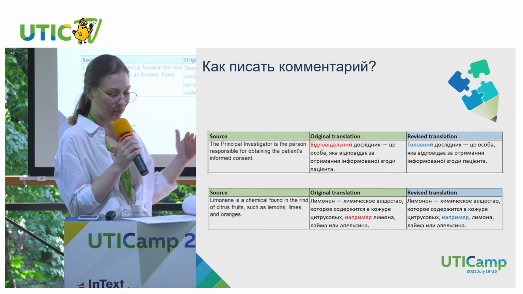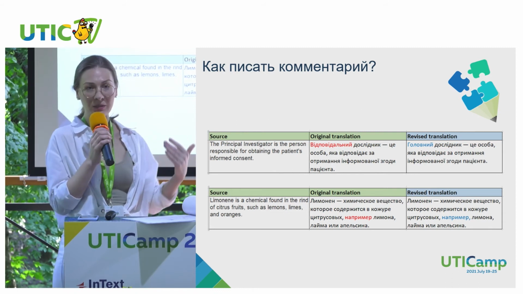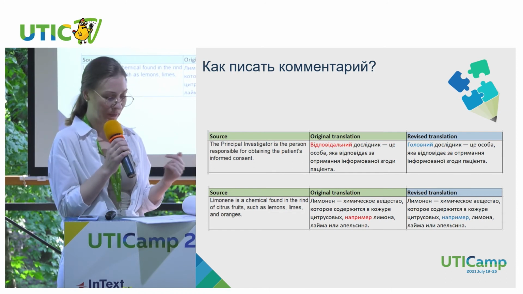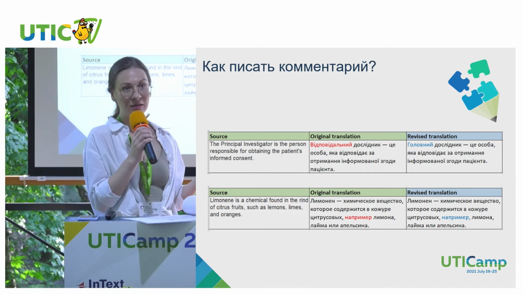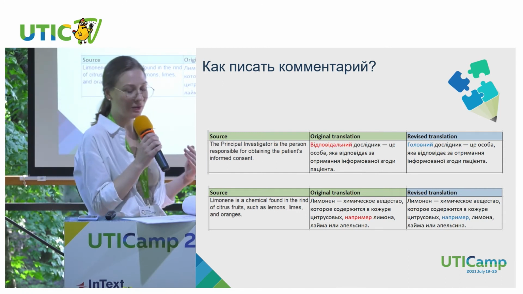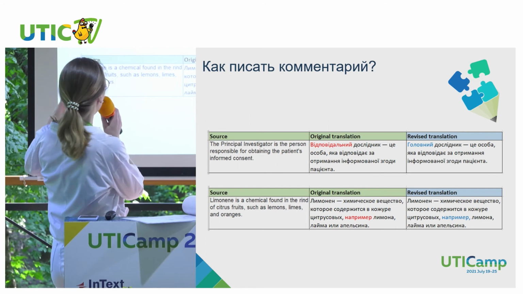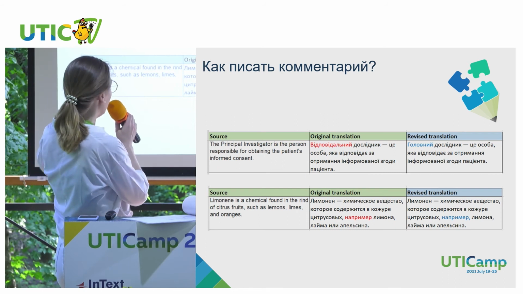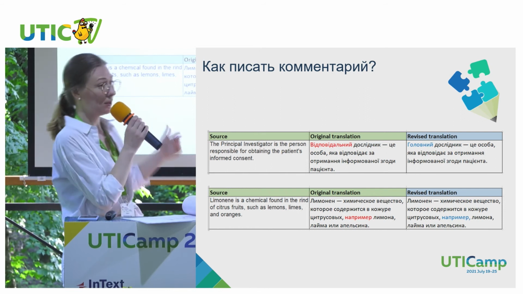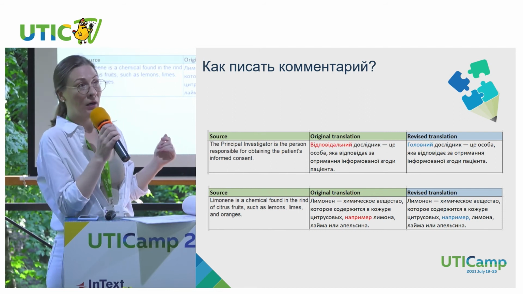We don't say do that or don't do that, but please consider, because I believe. And of course, we always check whether we have typos in our comment. And for example, in the first example, a responsible researcher was edited into the chief researcher.